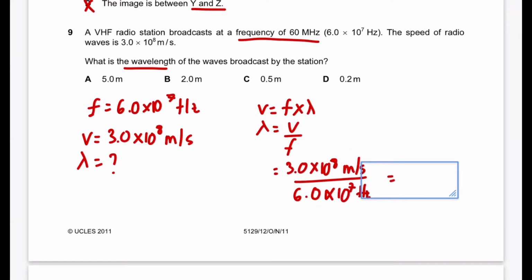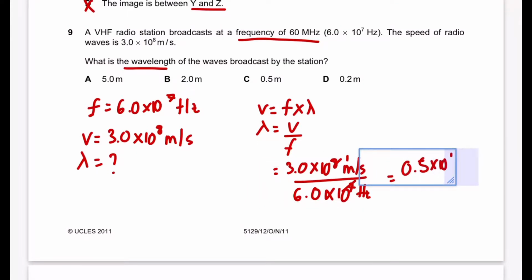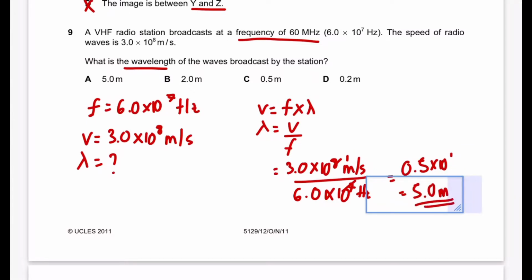Let me calculate myself first. This becomes 0.5 times 10 to the power of 1, which is 5.0 meter. So the answer is 5 meters. So the answer is A.